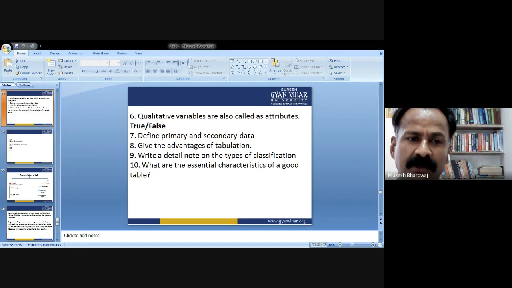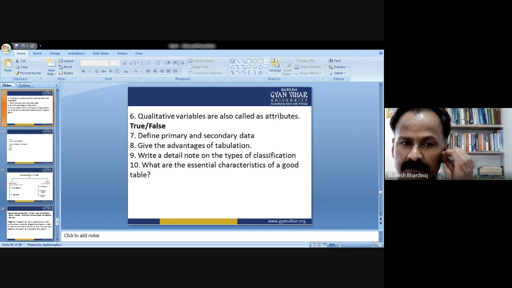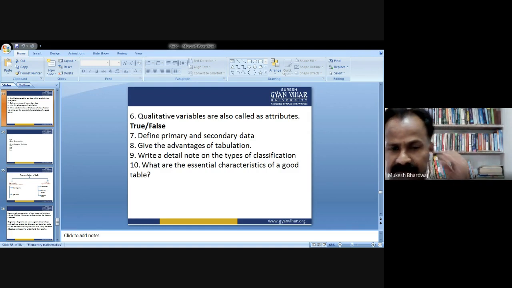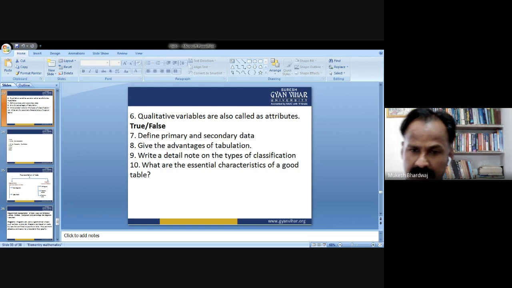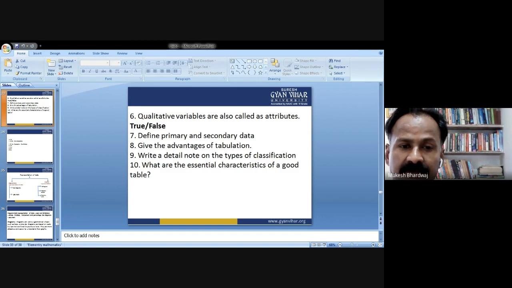Now note down the 7th, 8th, 9th and 10th questions. Define primary and secondary data. You have gone through the PPT and I will upload it on your LMS portal. You can also go through that and maintain it in your records. Give the advantages of tabulation. When you are making a table, what are the advantages of that?